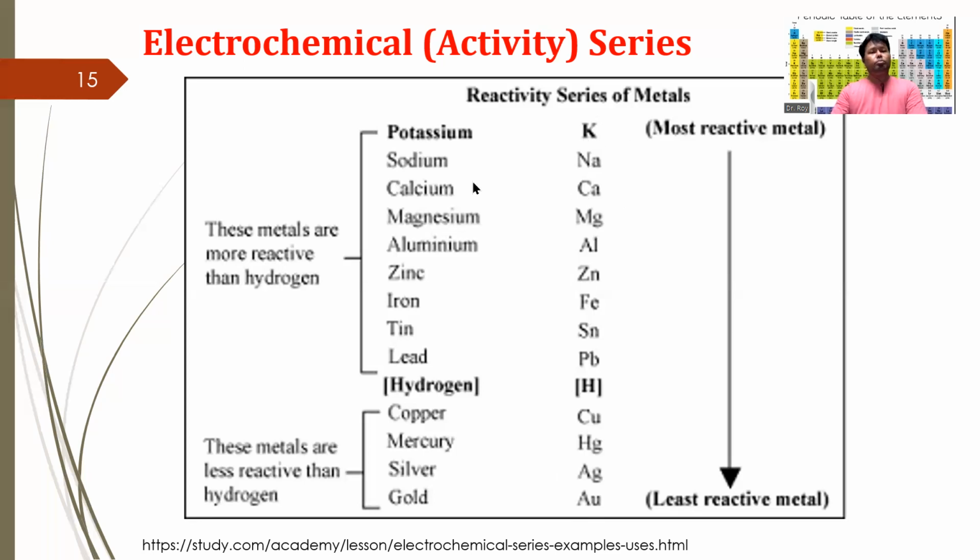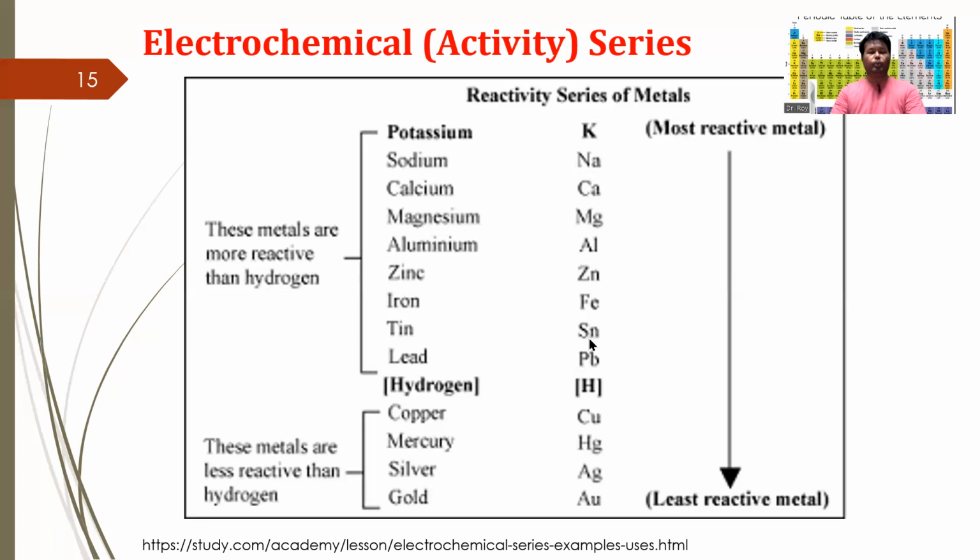You have to remember this. Maybe I am not going to give it in the exam, but it is very important for those interested in learning what types of reactions or cells we can prepare. I have memorized them: potassium, sodium, calcium, magnesium, aluminum, zinc, iron, then lead.